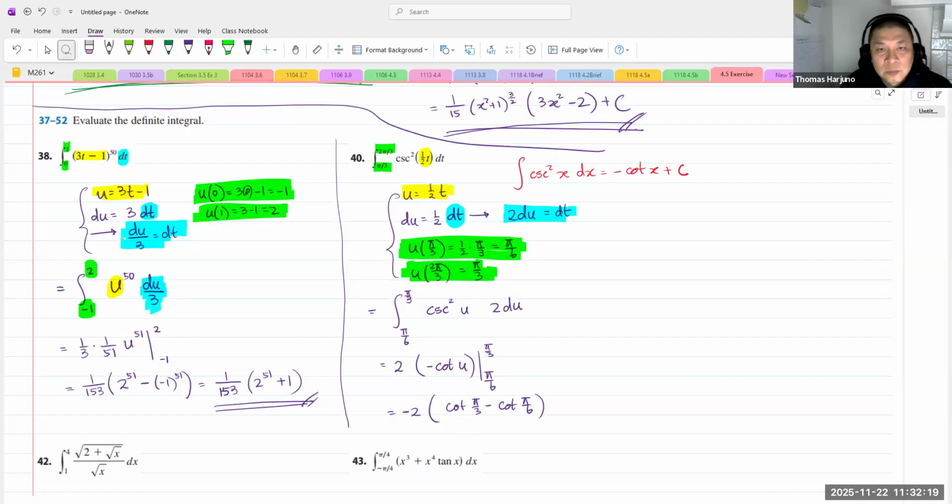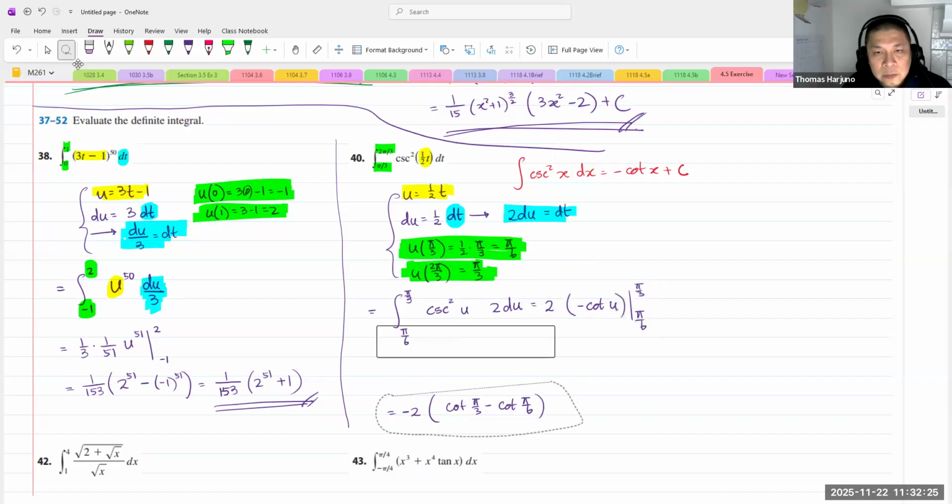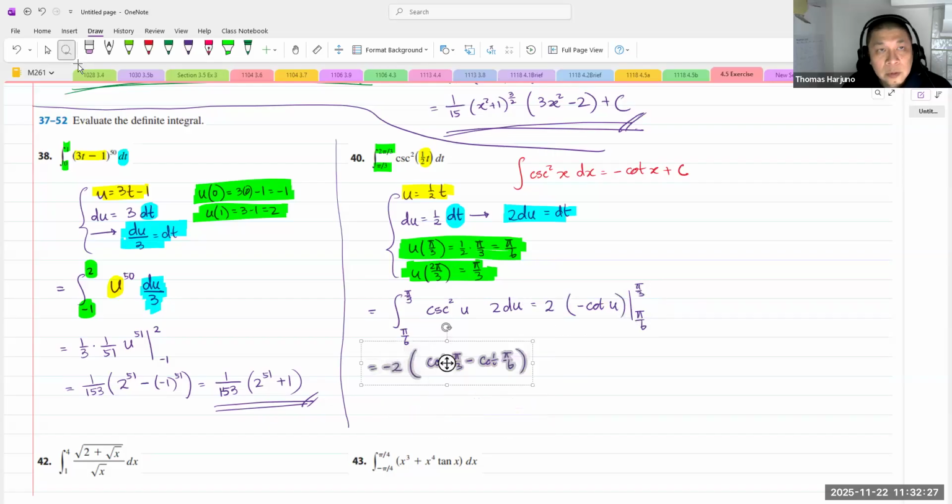You know what? Let me move a little bit so that I can save a little space. So this becomes negative 2. Oh, yeah, that's right. Cotangent pi over 3 is radical 3 over 3. Cotangent pi over 6 is radical 3 over 1.